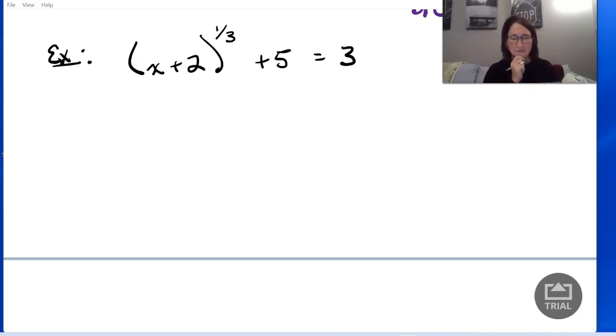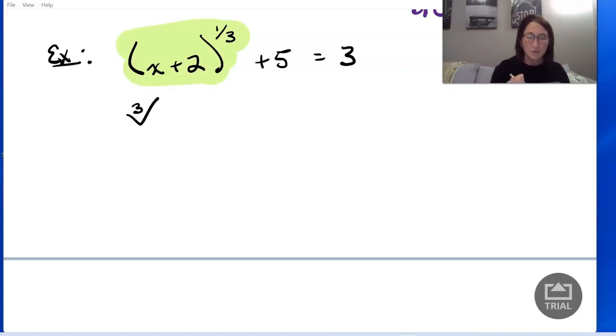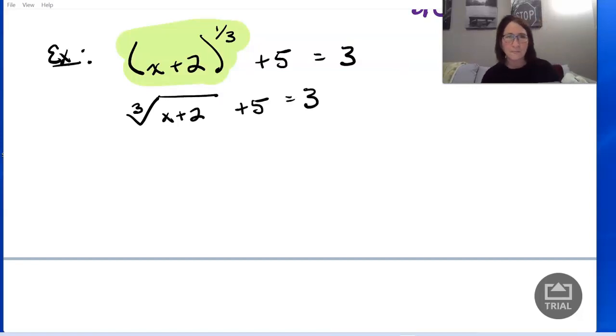We've done some kind of like this in earlier sections in this module. So the very first thing that we want to do is take that fractional exponent, and quite honestly, I'm going to convert it to a radical. So it's going to be the cube root of x plus 2 plus 5 equals 3.